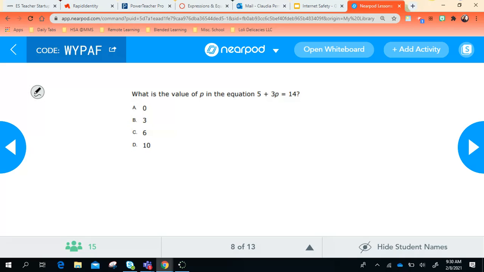Okay, go ahead and make sure you have this example in your notebook, on your paper, the whole thing, answer choices and everything. Once you're done, put your pencil down so I know you're ready to move on. Those of you at home, make sure you're writing this down, answer choices and everything. Do not start solving.